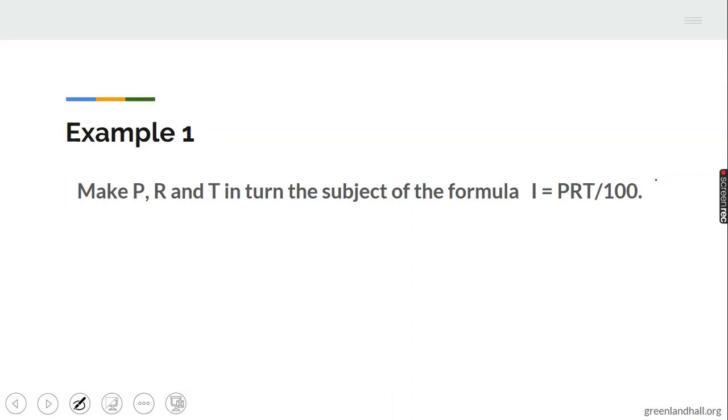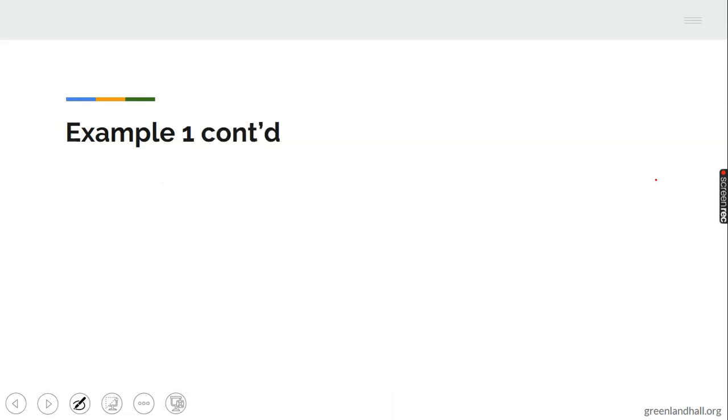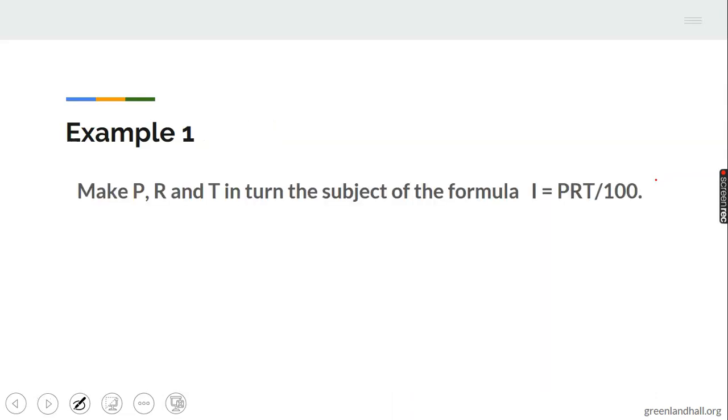Example 1. Make P, R, and T in turn the subject of the formula in I equals PRT over 100. Let's start with writing out the formula. This is not new to anyone by now. I equals PRT over 100. What is the first step?